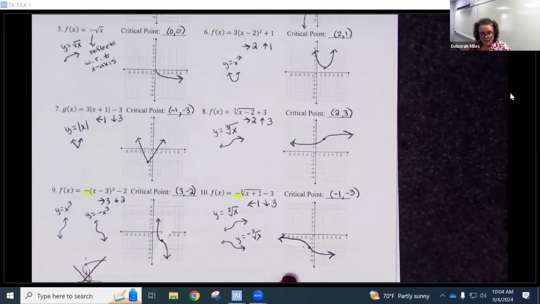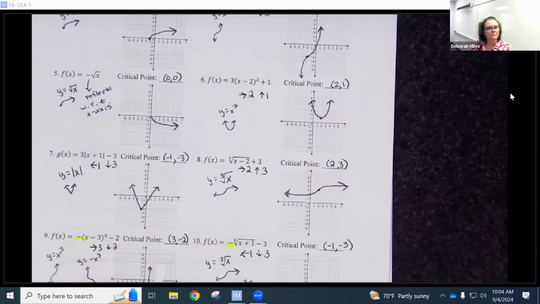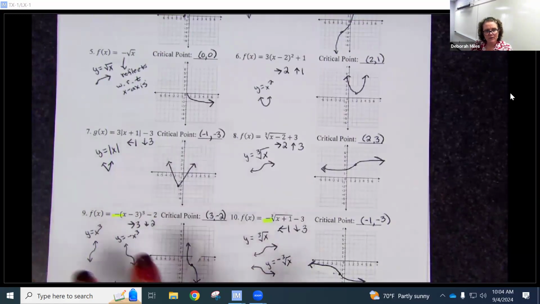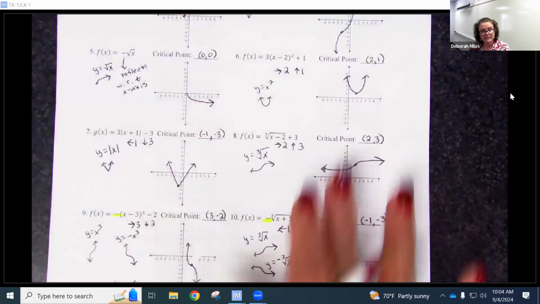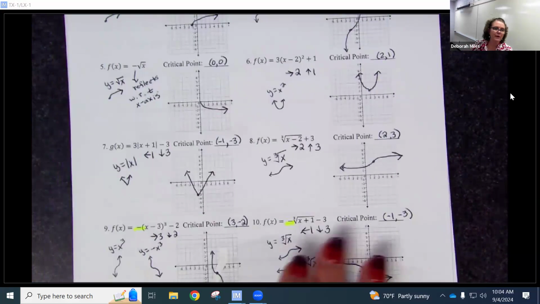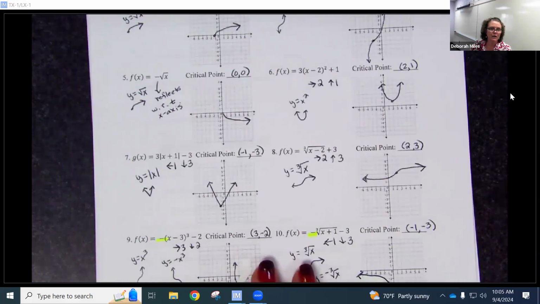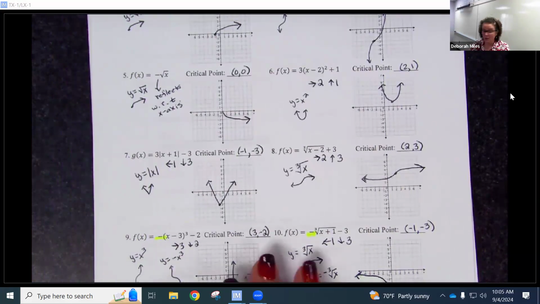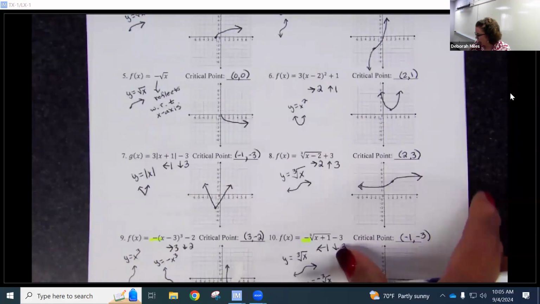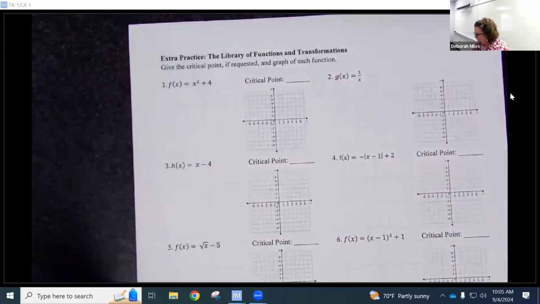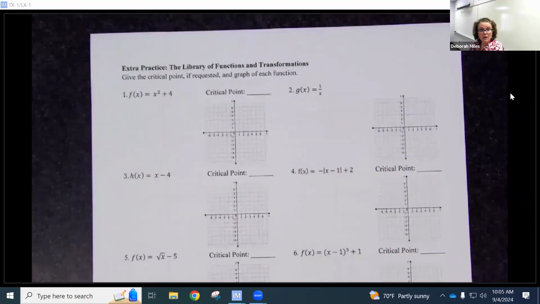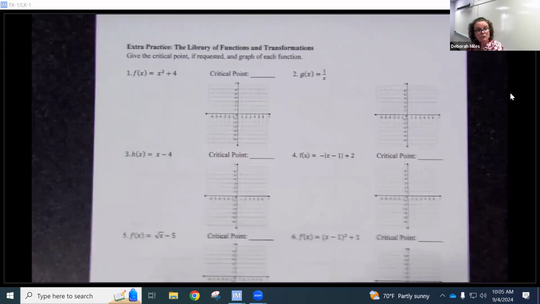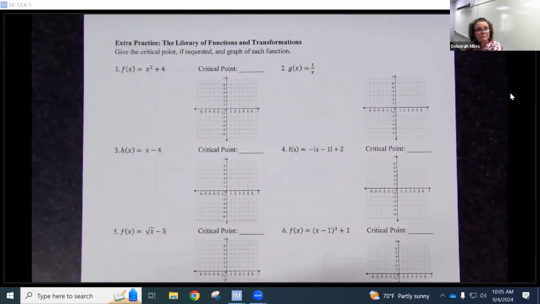All right. Now, unfortunately, since you do your homework in MyLabs, MyLabs doesn't have great graphing tools for all these different kinds of functions. Some of the problems, it gives you a multiple choice graph, and certainly I'm not going to make this multiple choice on the test. So what I've done for you, because I love you, is in your notes, I've given you an extra page of practice.